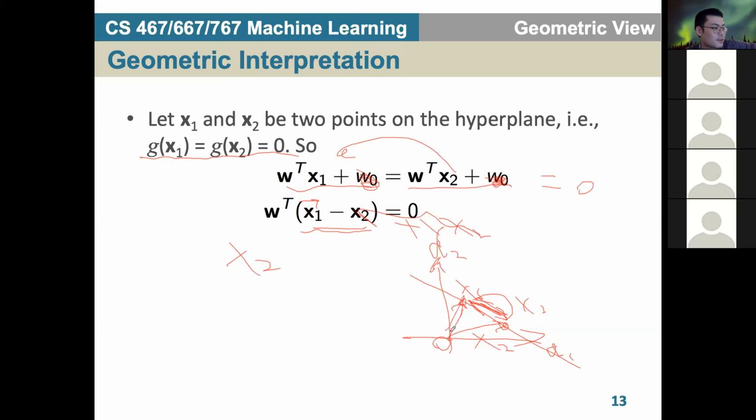So it's a vector along this line, and w is another vector. This vector times this vector is 0, which means w is perpendicular to this line, at 90 degrees.